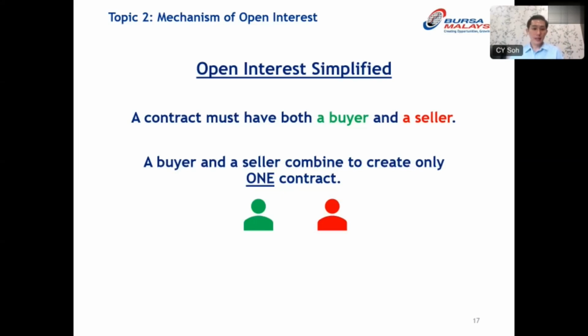Of course, in futures, a contract must have both a buyer and a seller. Which is why two market participants, a buyer and a seller, combined together only create one contract. Okay, one contract is actually a pair of buyer and seller. So at the end of the trading day, the open interest can either increase or decrease in the number of contracts for that day.